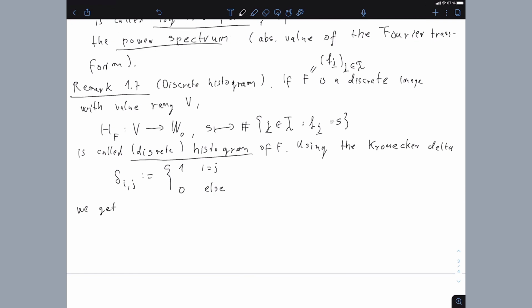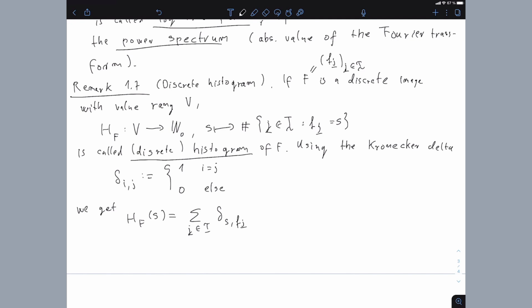We can express the histogram as a sum. Then h_f of s is the sum over all pixels, all indices, of delta s f_j.